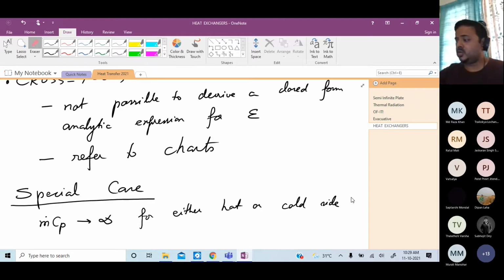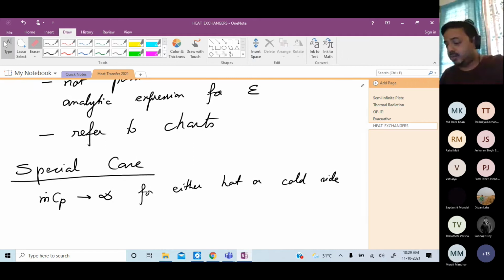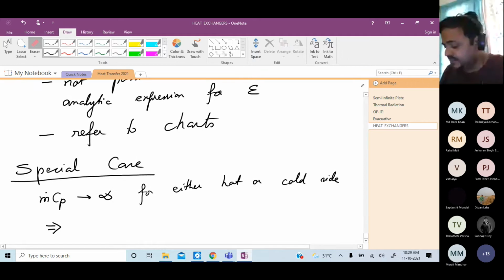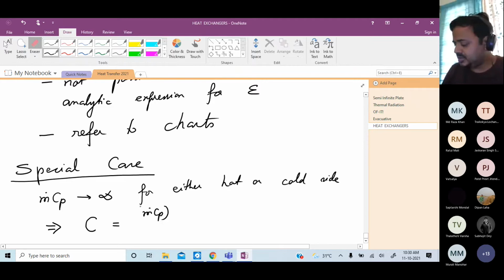Remember the cold fluid boiling, or the hot fluid condensing. That special case. Now, what does this mean? It means that the larger m dot Cp is tending to infinity. So therefore, C, which is m dot Cp smaller to m dot Cp larger, is equal to 0.